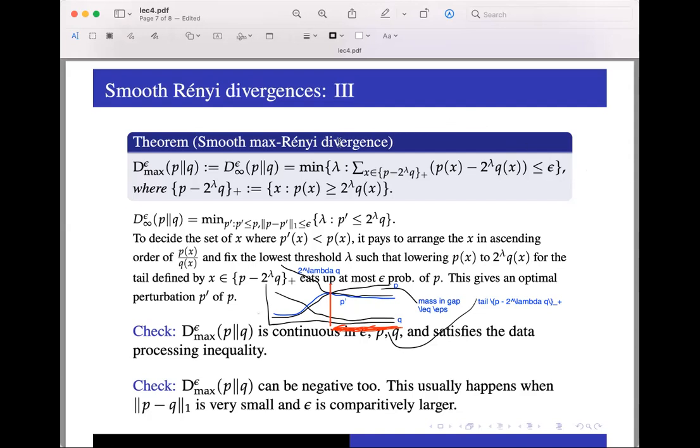The minimization over all thresholds lambda such that this constraint is less than or equal to epsilon gives me my d epsilon max. Note that in d epsilon max there is P, Q, and epsilon.